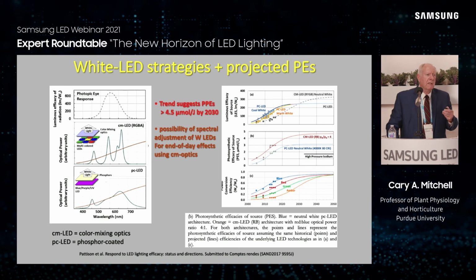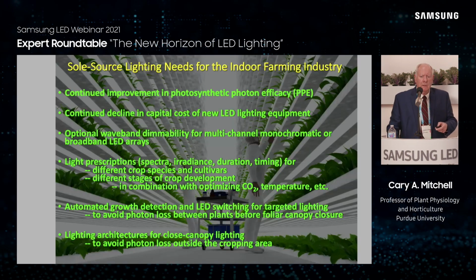Well, HPS is a non-issue in indoor ag, but I show that to you for completeness. The important thing is that the efficacy of LEDs continues to go up for now. And that's going to be really important for getting the best bang for your buck as a grower.